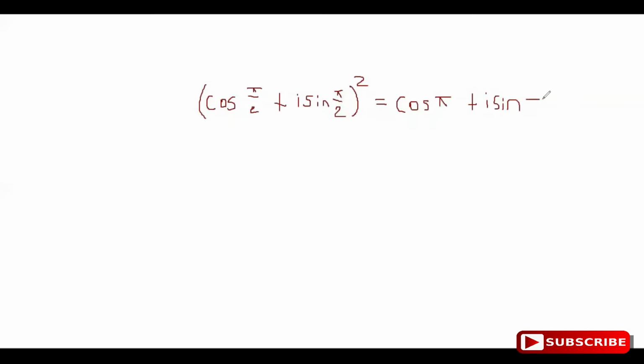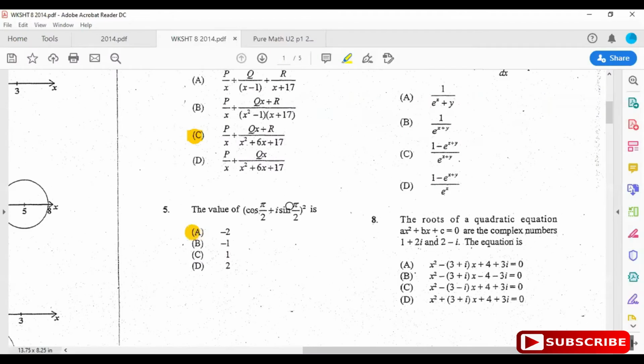And so now the cosine of pi is -1, so the answer is just -1. So -1 is the answer for that question.